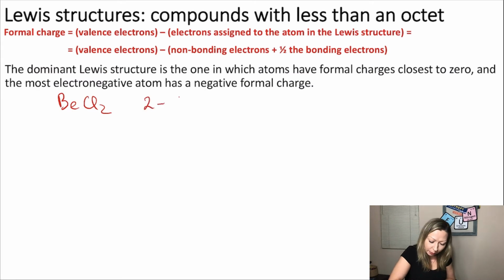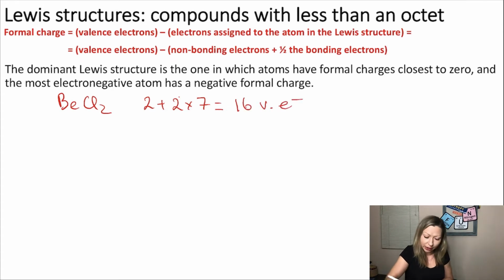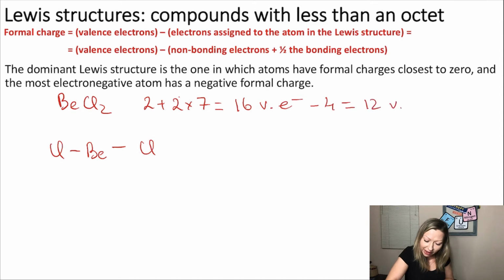So 2 plus 2 times 7, we are going to have a total of 16 valence electrons. Beryllium is the central atom. We are going to use 4 electrons to draw the single bonds. So minus 4, we still have 12 valence electrons left. And I can satisfy the octet rule for the chlorine atoms by adding the remaining 12 electrons.